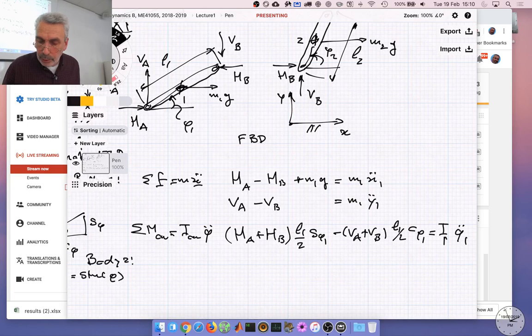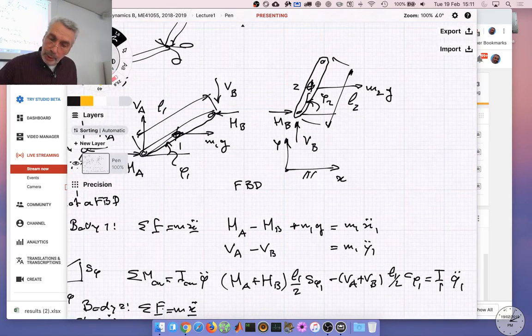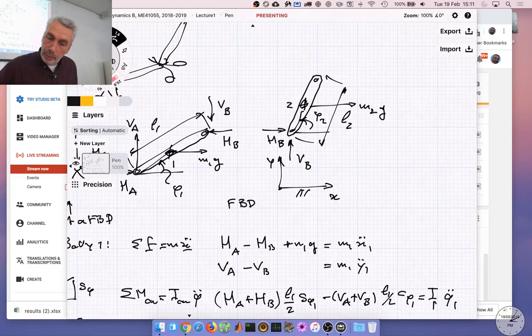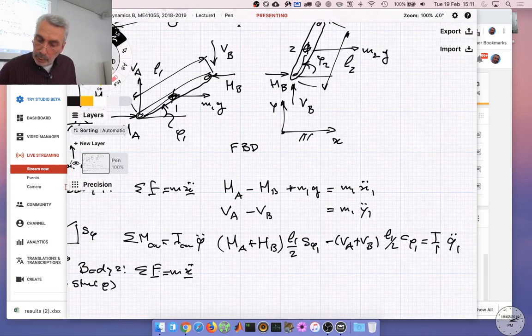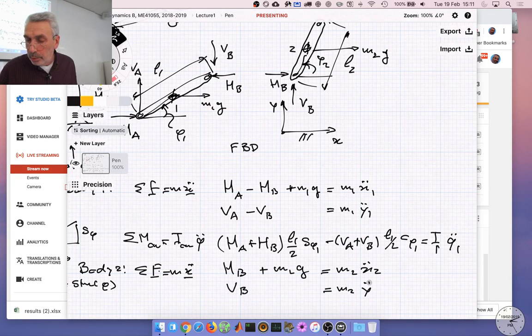And body 2, yeah, that is super simple actually. It's actually absolutely the same. Sum of the forces is mass times acceleration. Then we have to look at body 2. What forces do we have? We have a horizontal in B and the gravity. So we have the horizontal in B plus m2 times the gravity is m2 x double dot 2. And then for the vertical, we have only this vertical force is m2 y double dot 2.